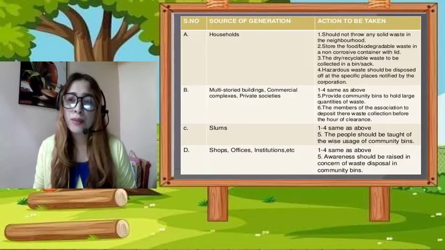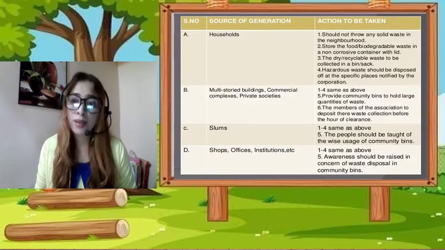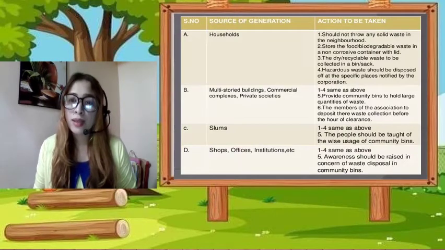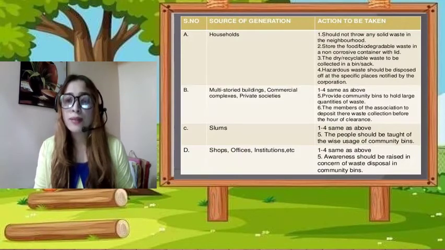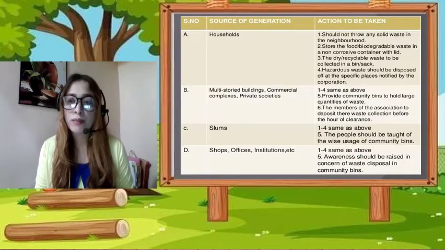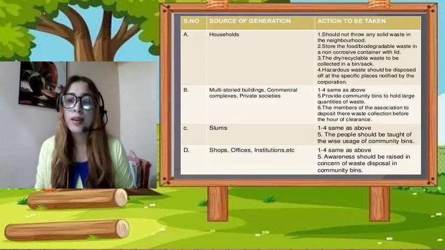We should not throw any solid waste in the neighborhood just anytime, anywhere we want. You store the food or biodegradable waste in a non-corrosive container with a lid, and you also have to separate the dry recyclable waste to be collected in a bin or sack, and you have to separate the hazardous waste to be disposed of in specific places notified by a corporation.